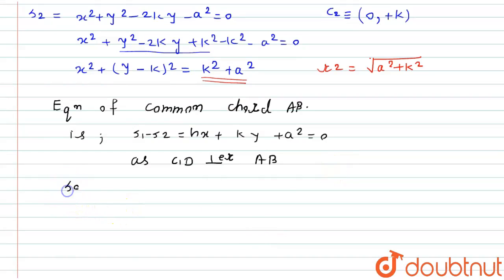So C1D will be equal to mod of, by putting in this equation, minus h square minus 0 plus a square, divided by root over h square plus k square.